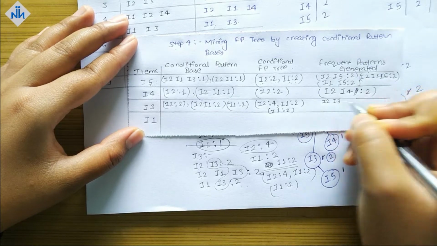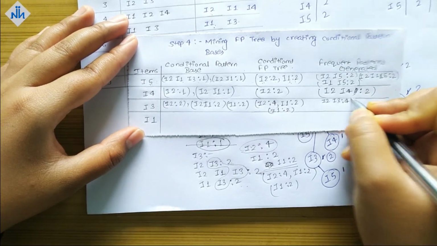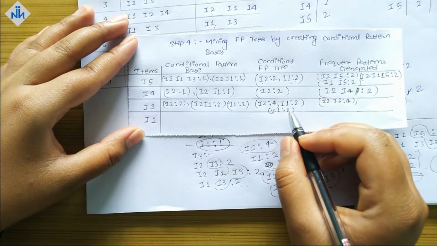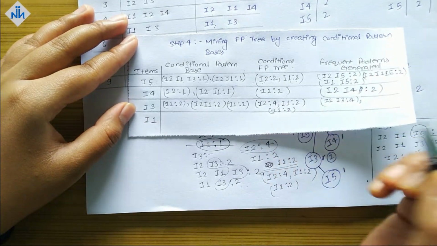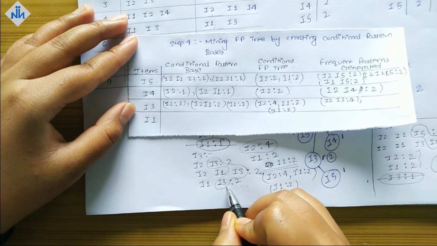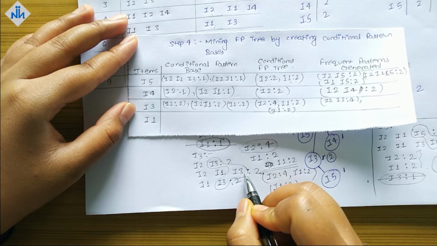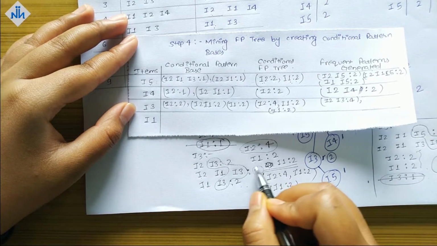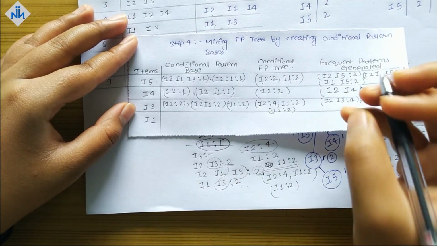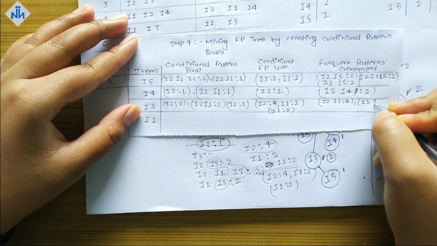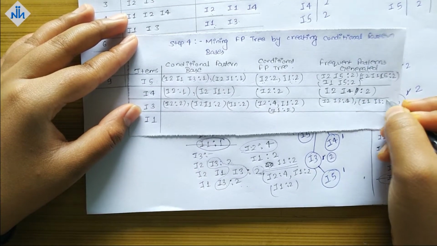Then another one will be I1 and I3. When combining I1 and I3, I1 itself is 2 and I3 combined with it also has 2, so those will be added. So I1 I3 is 4.